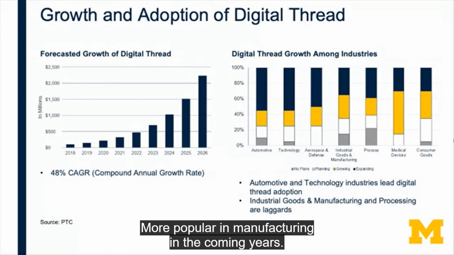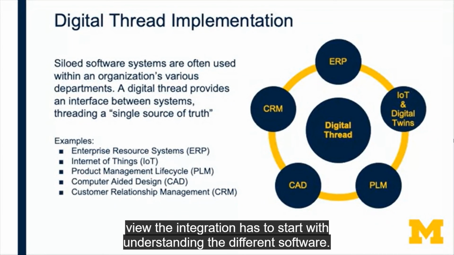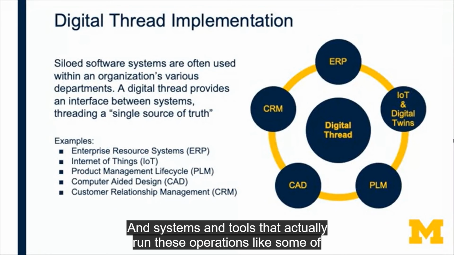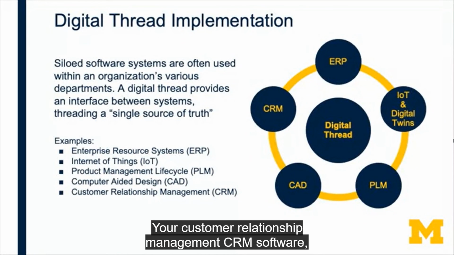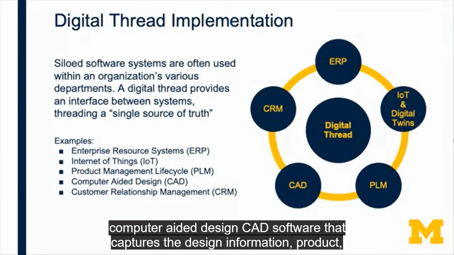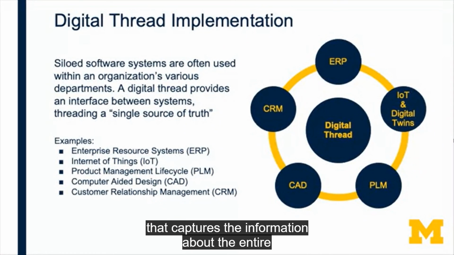Basically, in order to create this seamless view, the integration has to start with understanding the different software, systems and tools that run these operations, like some of the enterprise systems: your enterprise resource planning (ERP) software, your customer relationship management (CRM) software, computer-aided design (CAD) software that captures the design information, and product lifecycle management software that captures the information about the entire R&D process of developing a new product, all the different phases.